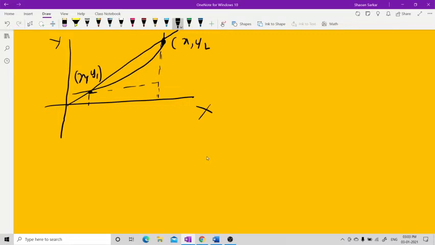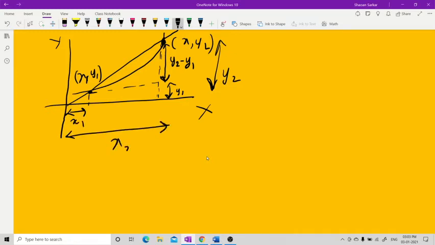Now, this much is y1, this whole portion is y2, and this much portion is y2 minus y1. Similarly, this one is x1, this one is x2, therefore this portion is x2 minus x1.